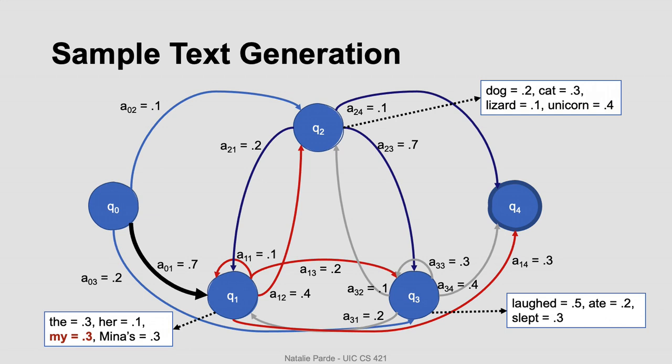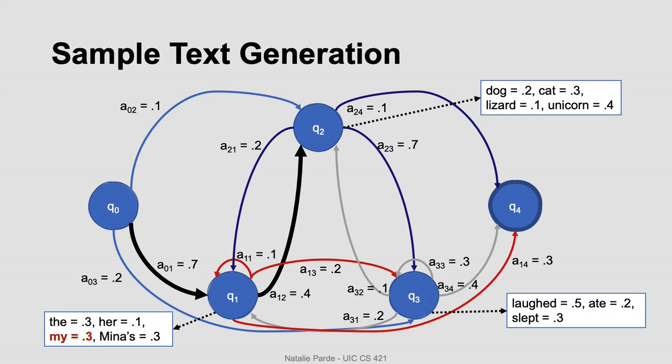Next, we need to decide where to go next. We can stay in the same state, move into Q2, move into Q3, or move all the way into Q4. We'll select randomly again, but it looks like it's most likely that we'll move into Q2. And we end up being correct.